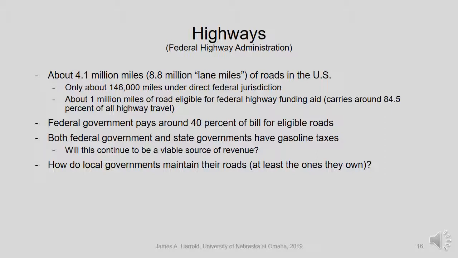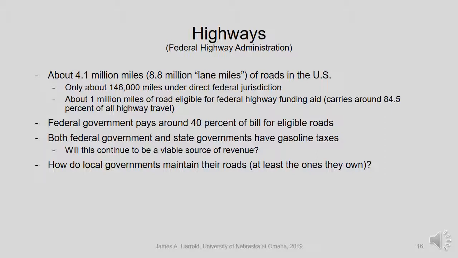And only about 1 million miles of road is really eligible for federal highway funding aid, right? So that would include things like the interstate highway system. But the part of the highways that the federal government does provide some aid for carries around 85% of all the highway travel.